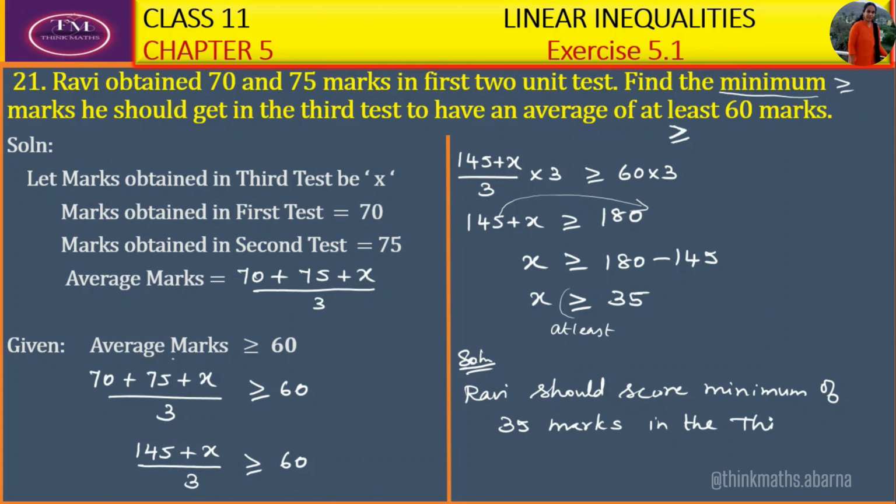Only then his average will be at least 60. So this is the result. You can score more than that also, but minimum he should score 35 so that his average will be at least 60. Clear? So moving on to the next problem.